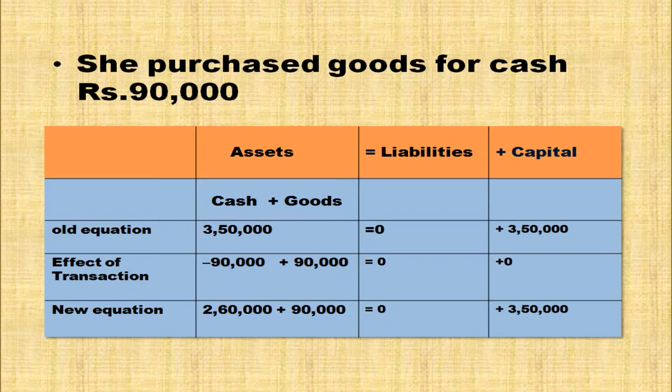So, the cash balance will come to 3,50,000 minus 90,000, that is 2,60,000, plus goods worth 90,000. So, the asset side value becomes 3,50,000. When you consider the right hand side, that is liabilities plus capital, there also the value is 3,50,000 because of the capital. So, here also the accounting equation is satisfied.